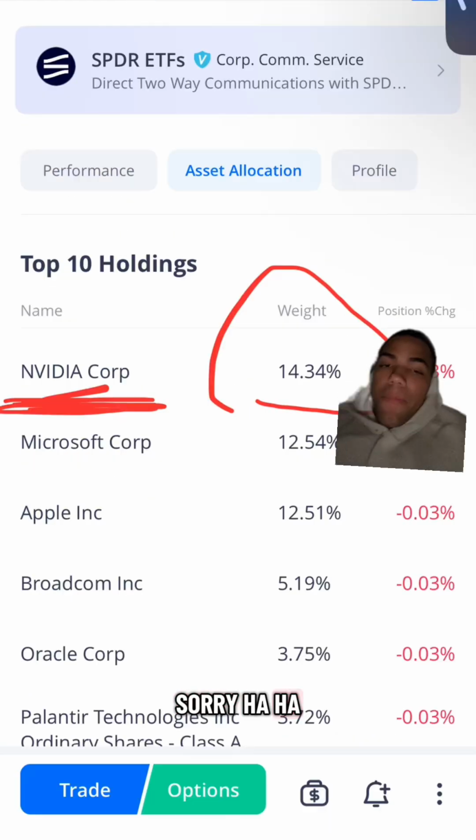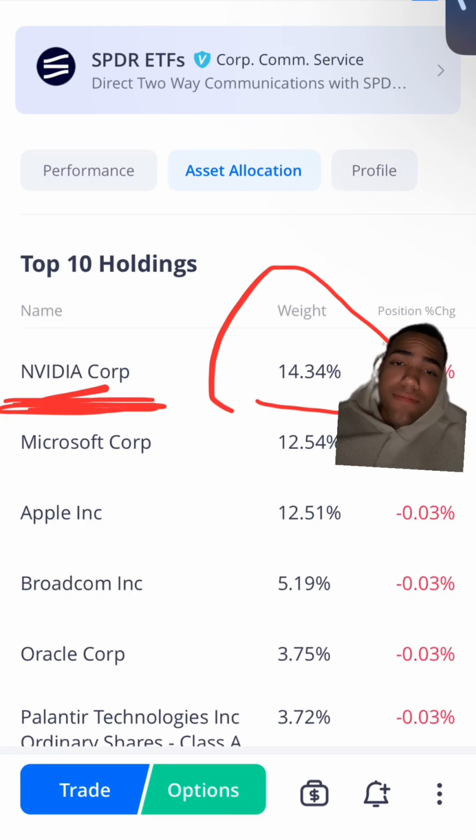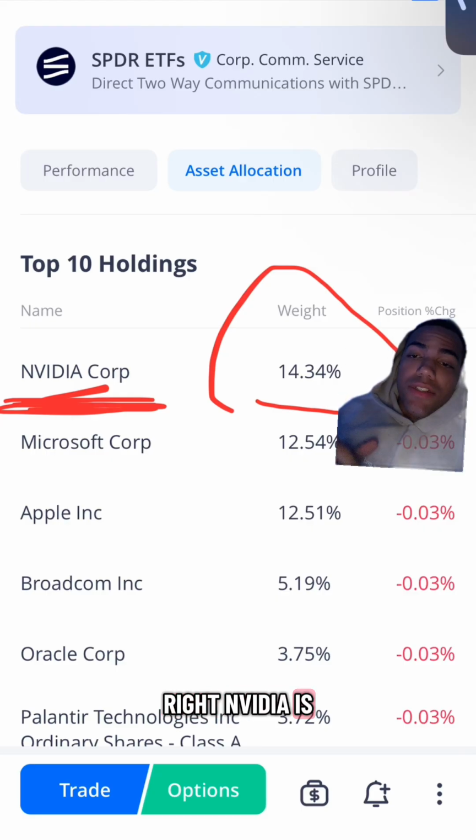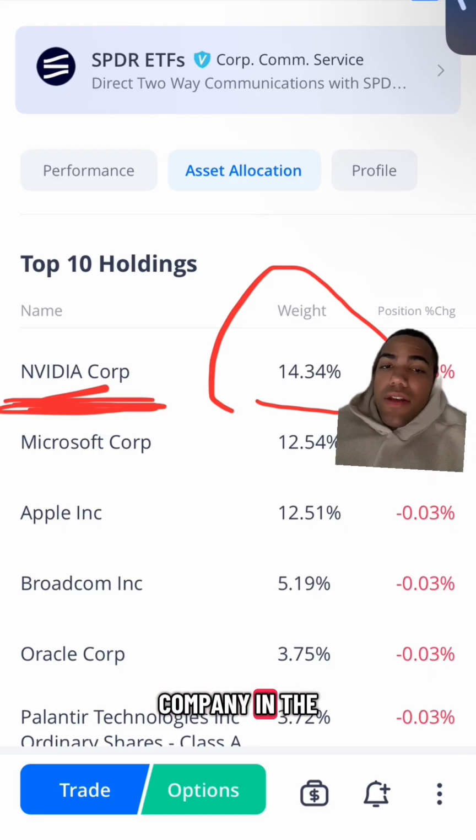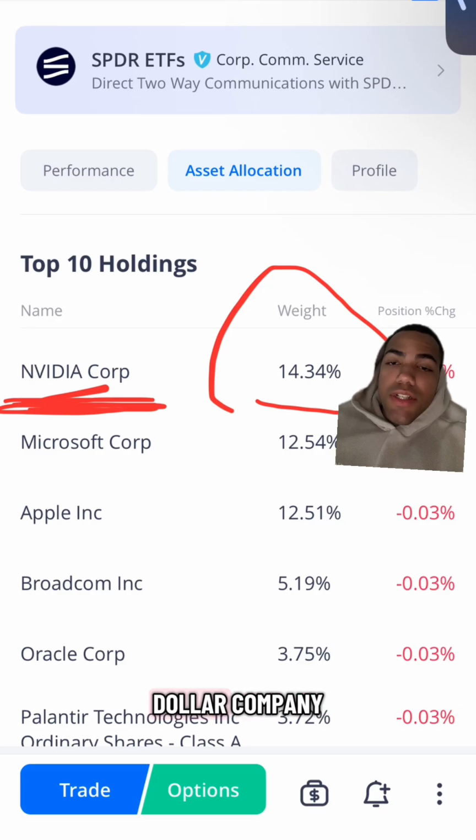Sorry. And for those that don't know who NVIDIA is, if you live under a rock, NVIDIA is the top company in the stock market by market cap. They're a multi-trillion-dollar company. They make chips for computers.